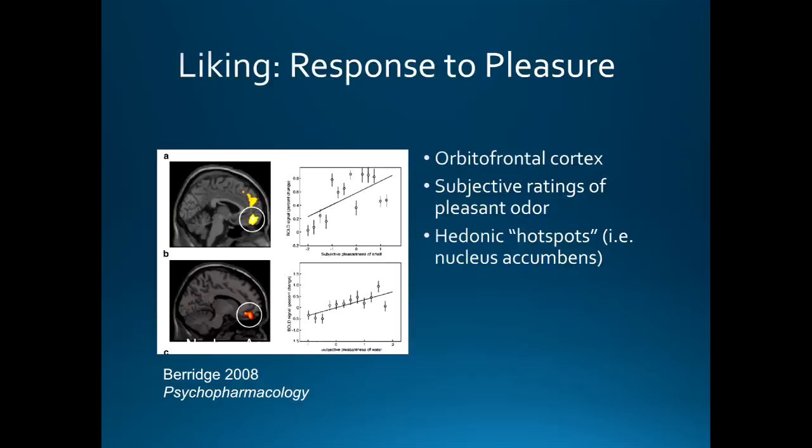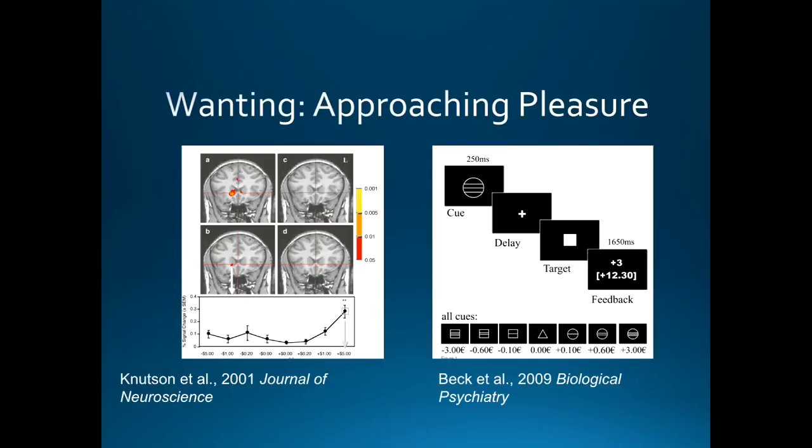And the interesting thing here is actually that the degree of signal you see, of BOLD signal, correlates with the actual subjective pleasantness rating, both for taste and for smell. So again, orbitofrontal cortex involved here in this immediate response to pleasure. Orbitofrontal cortex is not the only region implicated here. You also have other kind of hedonic hotspots like the nucleus accumbens, which we'll talk about in a moment.